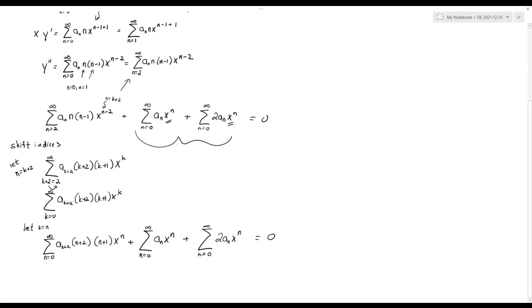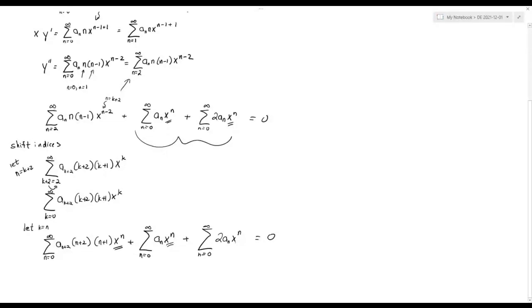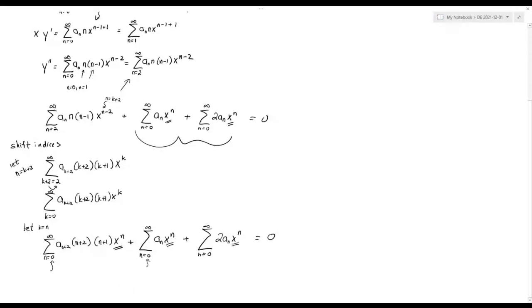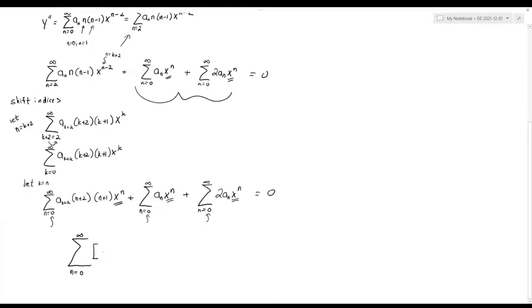So now you see that all the powers of x are like x to the n, and all the indices of summation start in exactly the same place, n equals 0. So now we're free to combine this into a single big sum as n goes from 0 to infinity, and then we can get all the coefficients here.